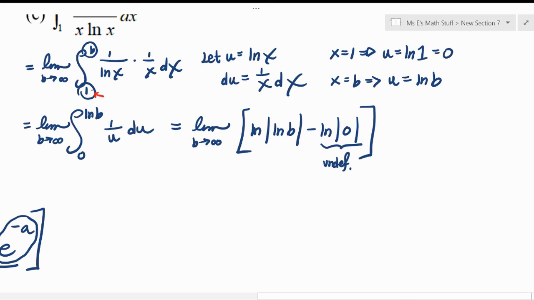But the issue is this: if you think graphically, whatever the graph of this original function looked like, at 1, it's undefined, but the good news is that we're approaching 1 from the right. So whatever the area looks like, we're approaching 1 from the right.